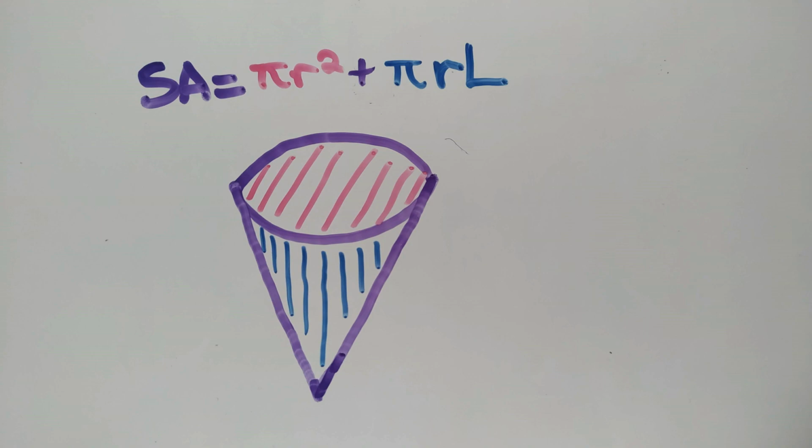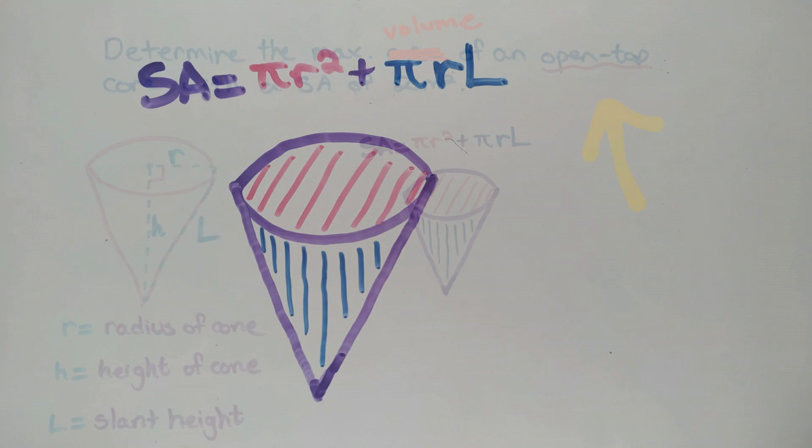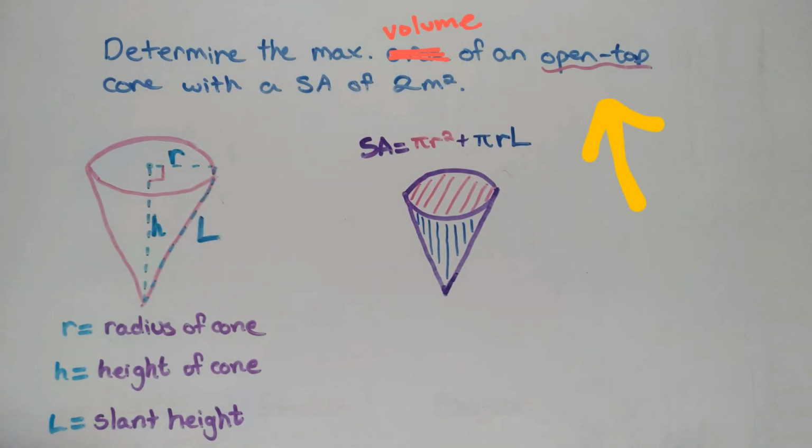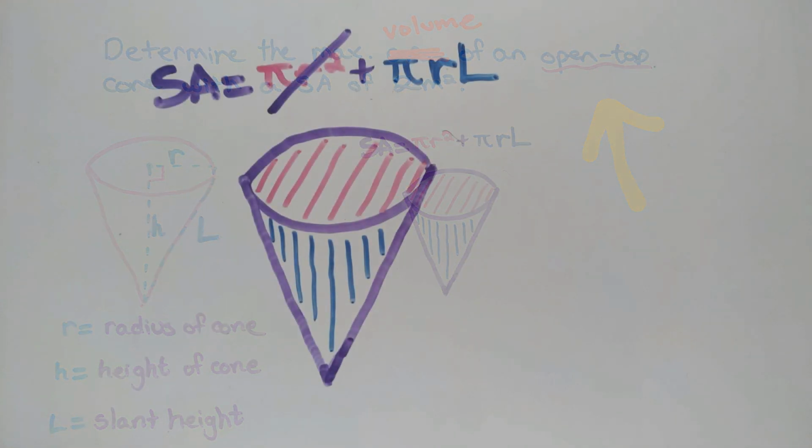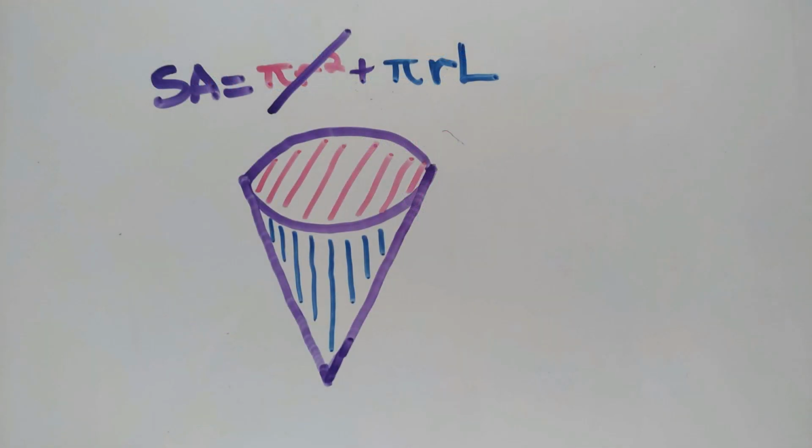Here pi r squared is in relation to the base, or in this case the top, and the lateral surface is pi rl. However, the question states that this cone is an open top, so this first section of the equation, pi r squared, is not needed. And the new surface area equation for this specific cone is pi rl.